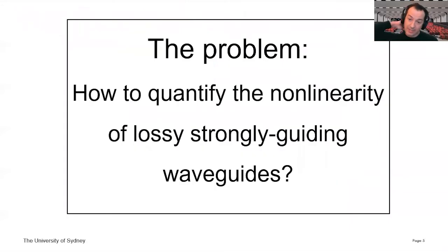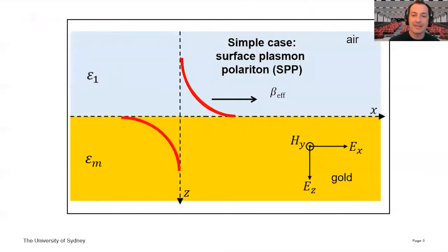The problem we are addressing is how to quantify the nonlinearity of lossy, strongly guiding waveguides. To understand this, we're going to start with the simplest possible case, a surface plasmon polariton, which is a propagating surface wave at the interface between a metal and a dielectric. This will give us insight into which is the most appropriate way of evaluating the nonlinear coefficient.